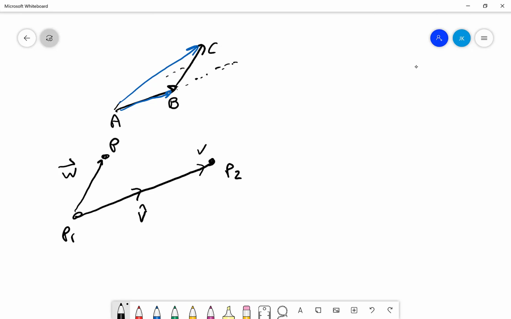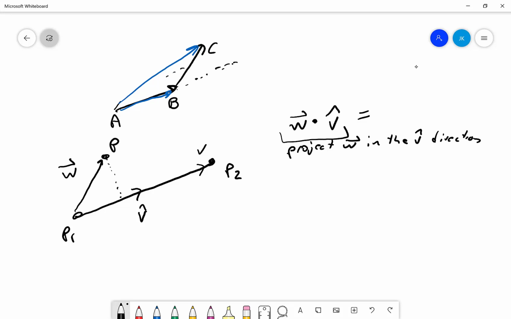One of the things I can get from the dot product is the projection of a point in some direction. So if I take W dot V hat, this dot product is going to project W in the V hat direction.